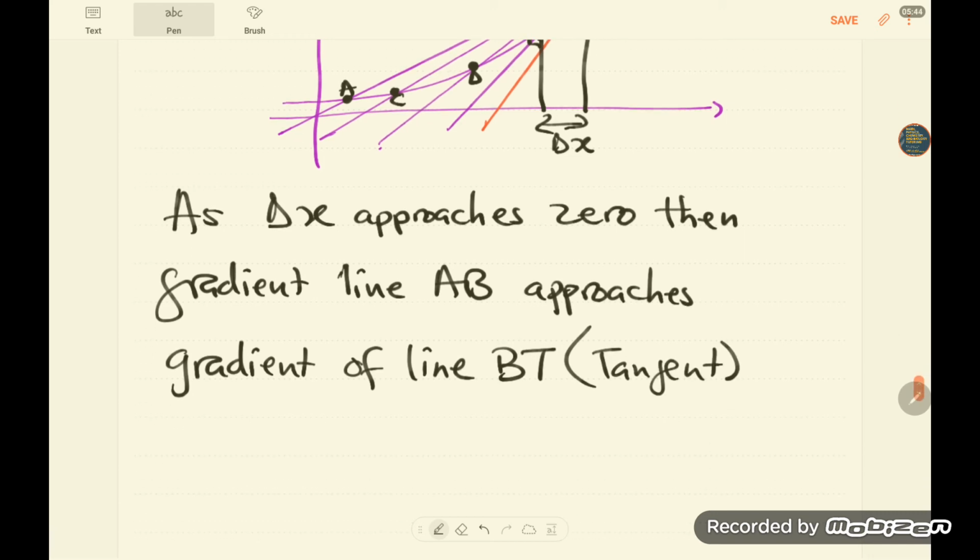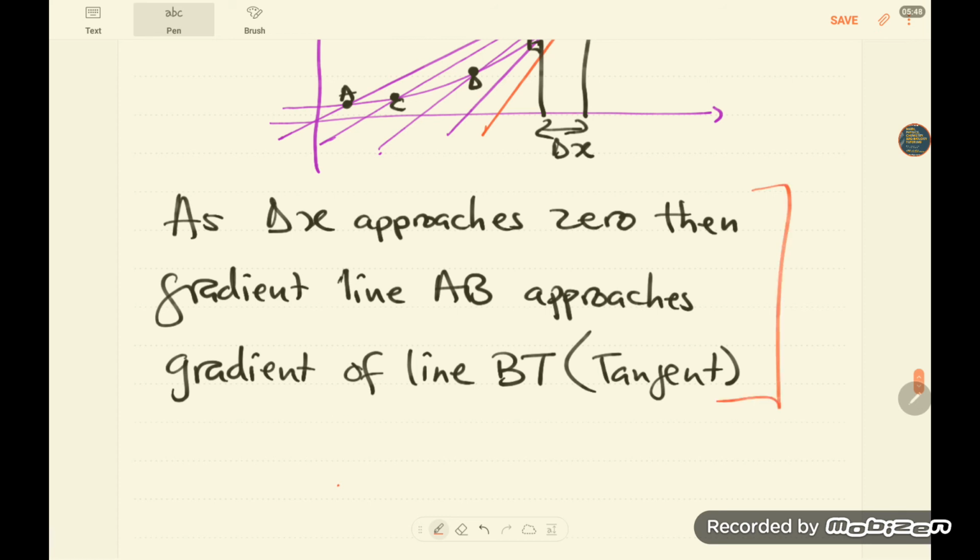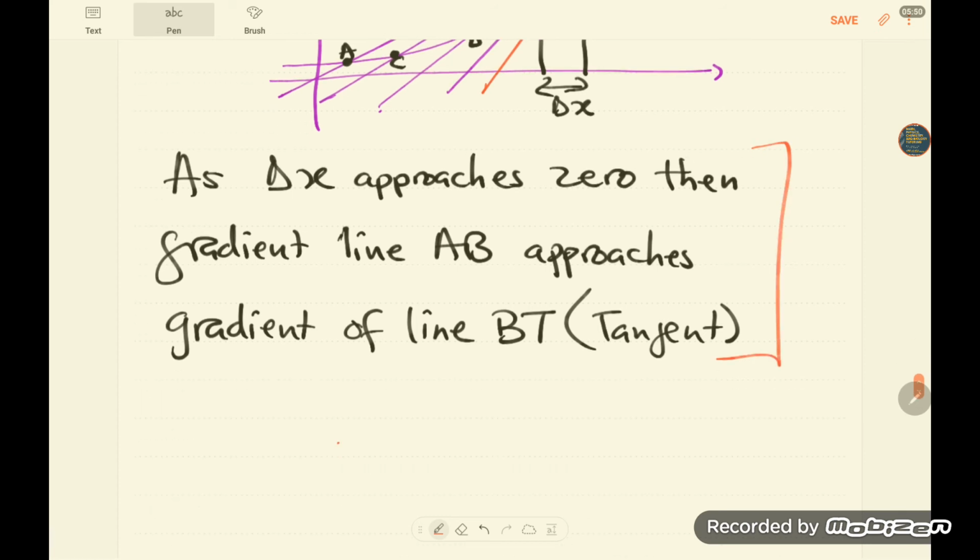Now, how do we normally show this statement in mathematical terms? When we say as delta x approaches 0, we write this as delta x approaches 0. Similarly, how do we write that the gradient of line AB approaches the gradient of line BT? We can simplify and say grad AB approaches grad BT.